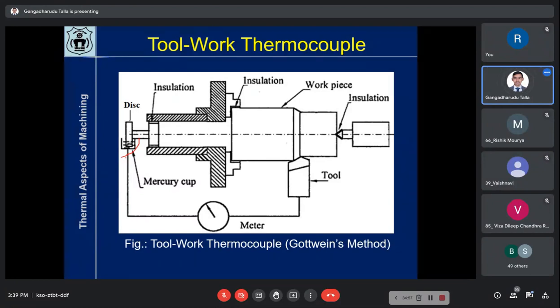If you are using mercury, which is conductive, there is no problem. You can maintain uniform contact and there is no friction also. So this is how you measure the temperature using the tool-work thermocouple method.